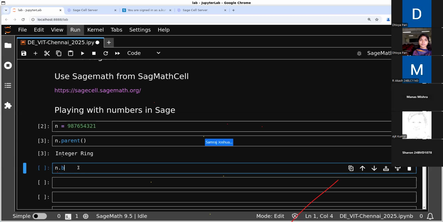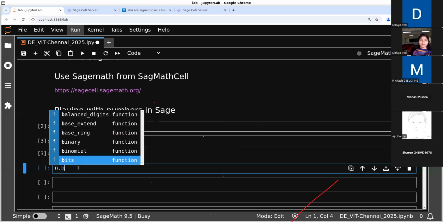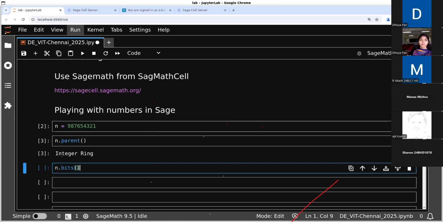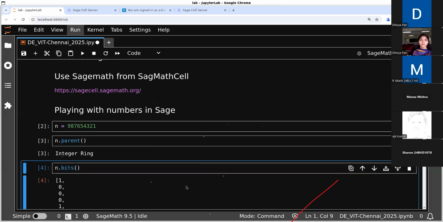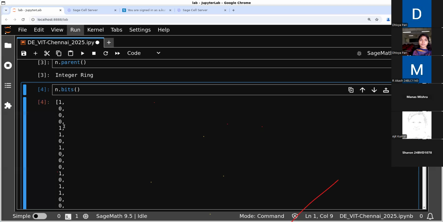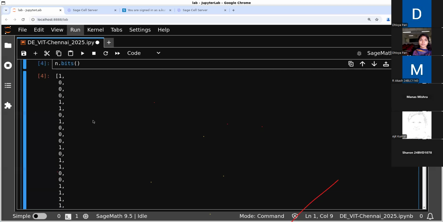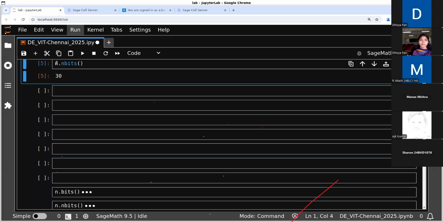Many other things. For example, you say n dot, let us say, b. So for example, they can say bits, n dot bits. Now it will give me all the bits 1 0 0 0 and so on, right? You can even find out the number of bits. So n dot nbits, right?